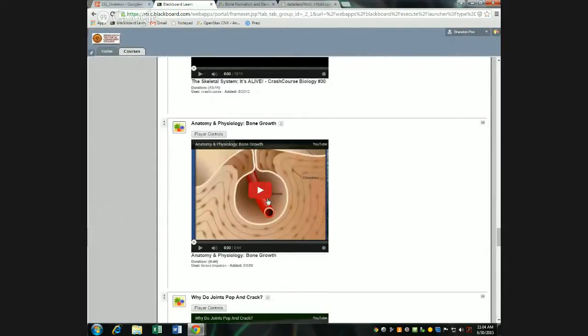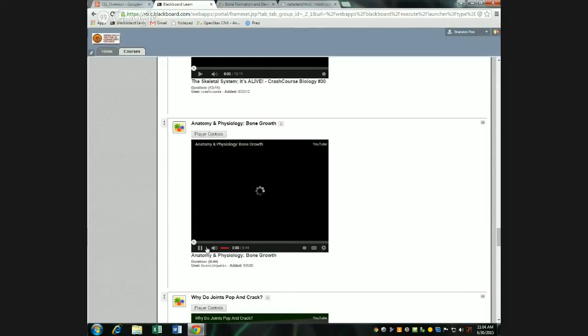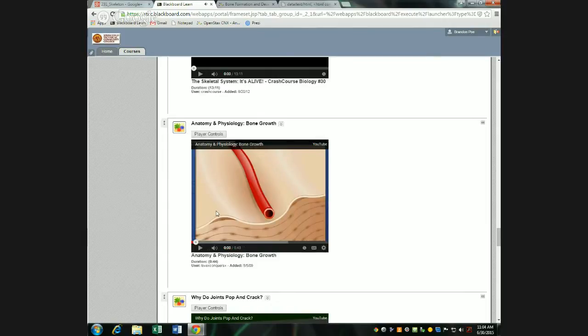I don't think it has any voiceover. It's just a 45-second little thing showing how this happens. So to begin with, this is the edge of the bone. So this is the periosteum, and there's a blood vessel on the outside surface that has branches that go down into the bone. What we're going to see... it does have voiceover. Let me start that over.